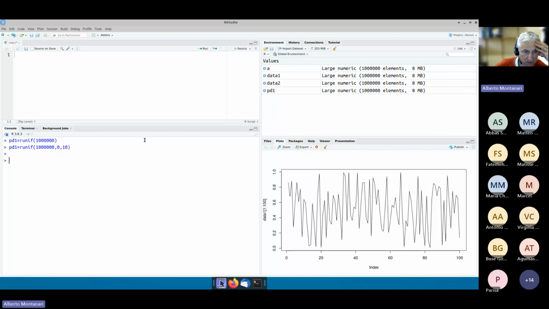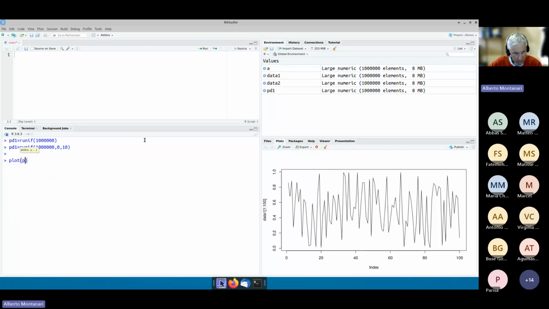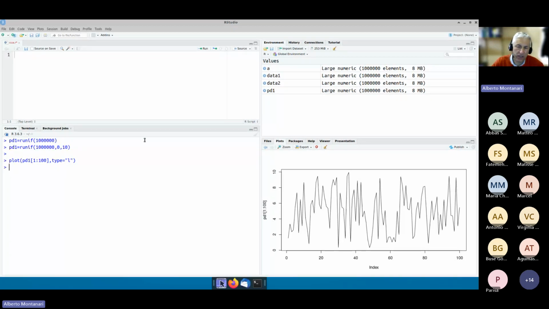So now the generation is in the range 0, 10. In fact, if I plot it, only for the first fraction, PD1, 1 to 100, with type equal line, you see on the graphic window the plot showing that the variable is indeed ranging in 0, 10.